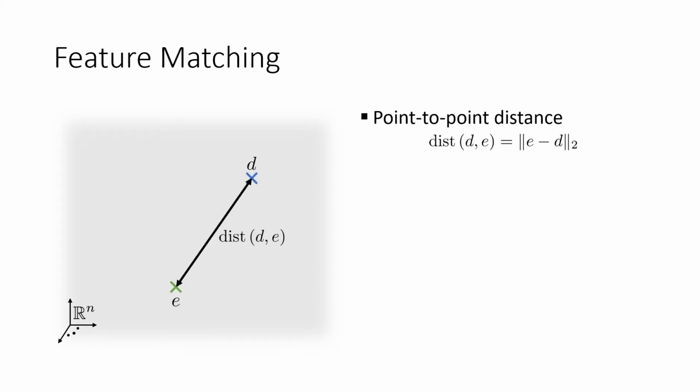Most applications also require feature description comparison, which is accomplished using appropriate pairwise distance measures. Given two descriptor points, a commonly used distance is the point-to-point Euclidean distance. Thus, in the following, we will restrict ourselves to the L2 norm.